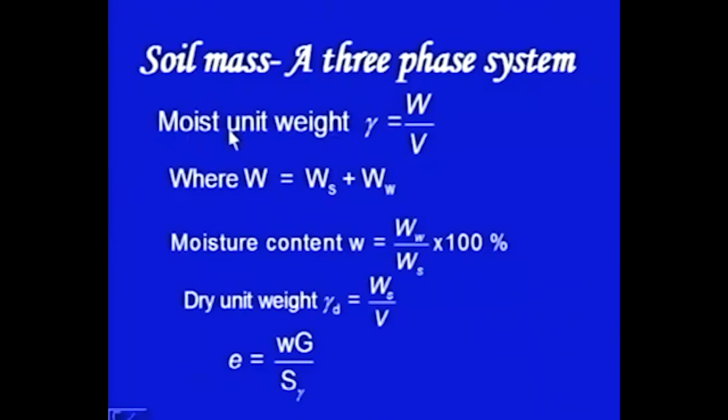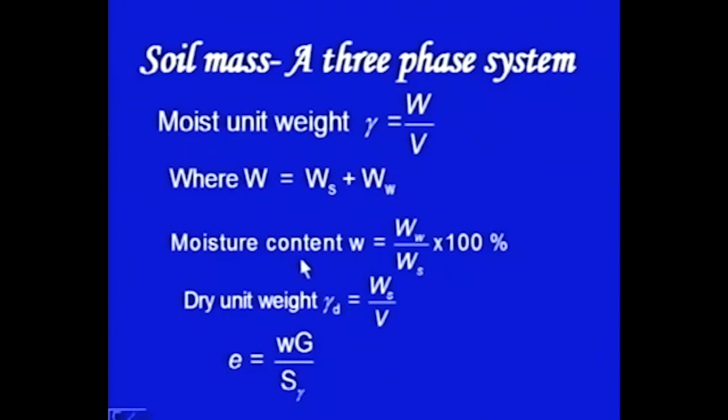It is the moist unit weight, or you can say the bulk unit weight, gamma, which is equal to the total weight of the mass divided by the total volume. The units of gamma will be kilonewton per meter cube. Here weight means total weight, which includes the weights of the solids and also the weight of water present in the soil mass.